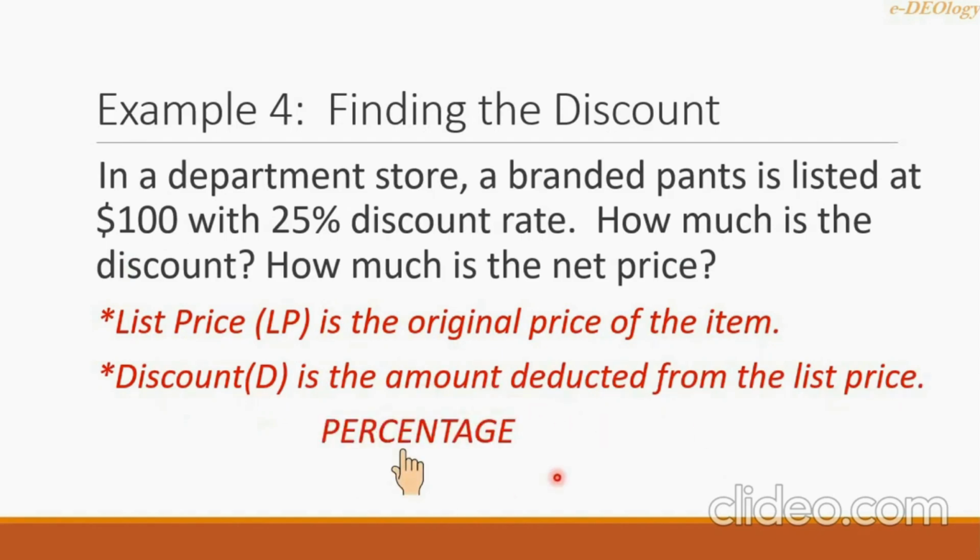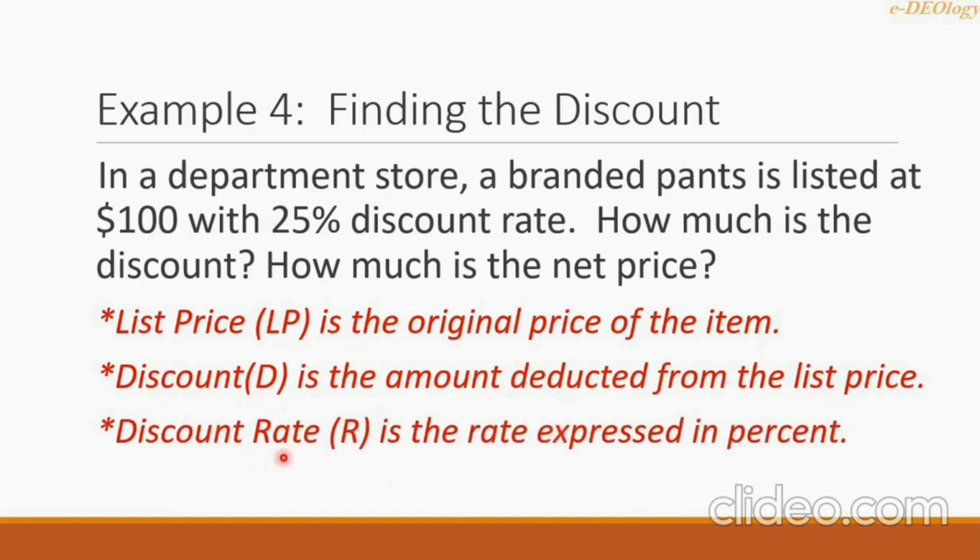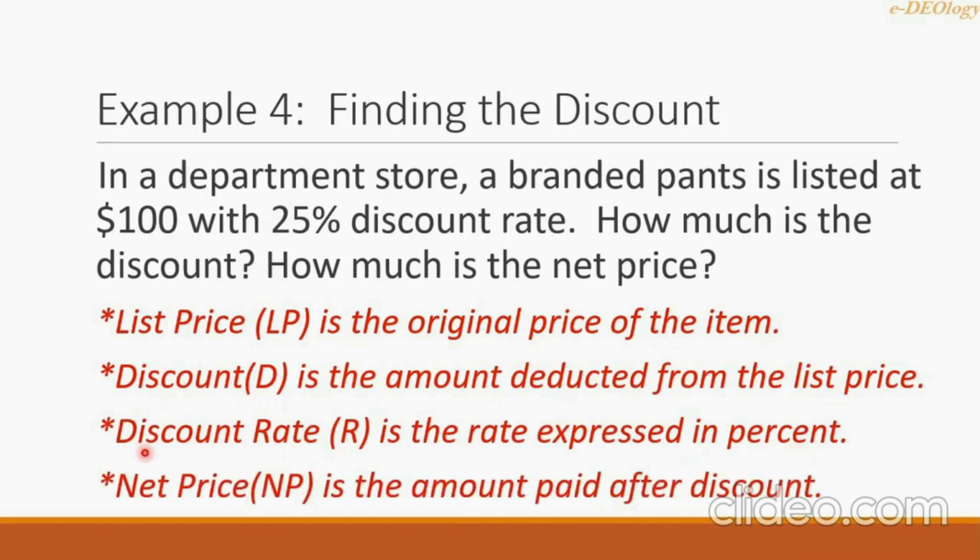In this case, discount corresponds to the percentage. The discount rate, or the R, it is the rate expressed in percent. And the last is the net price, or NP. This is the amount paid after discount.